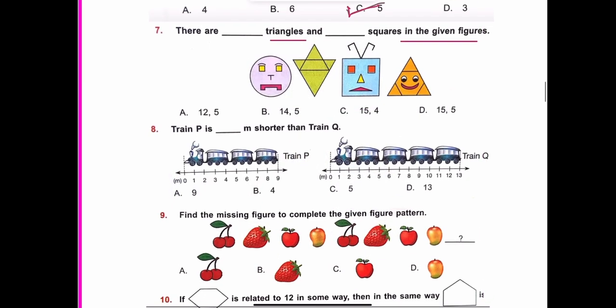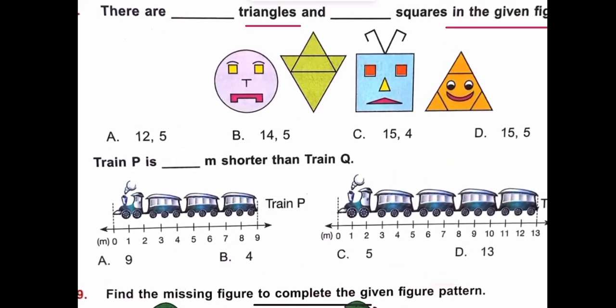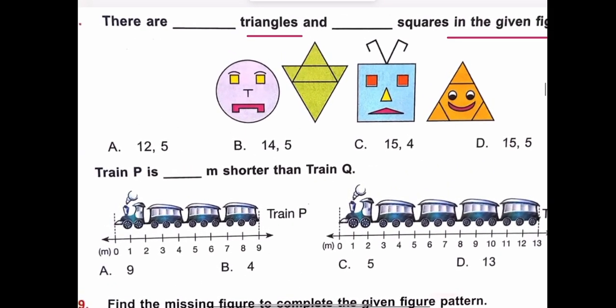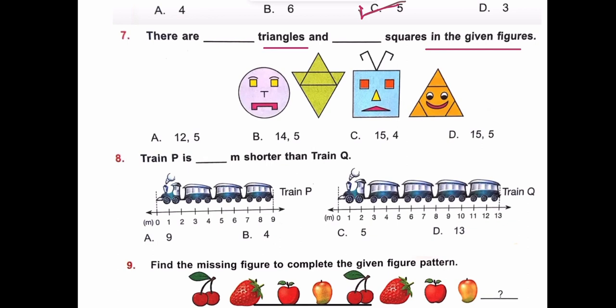Next we have question 7, there are blank triangles and blank squares in the given figure. Let's count the number of triangles. First, 1 triangle, 2, 3, 4, 5 and this 6 triangles.